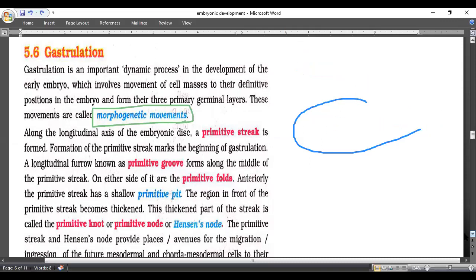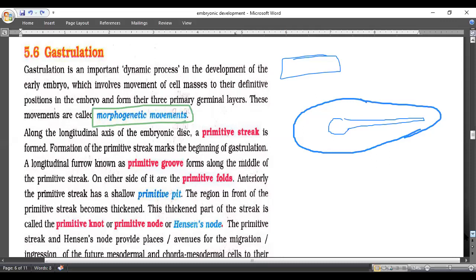That means you should imagine here the primitive streak, primitive knot, primitive groove, primitive pit, and the primitive folds. All these things you need to imagine. So let me draw the primitive streak and knot.